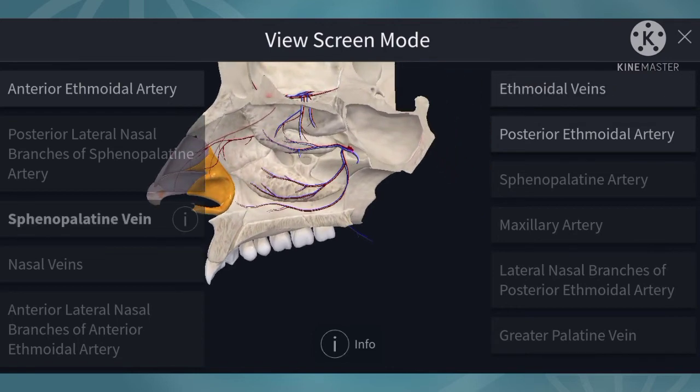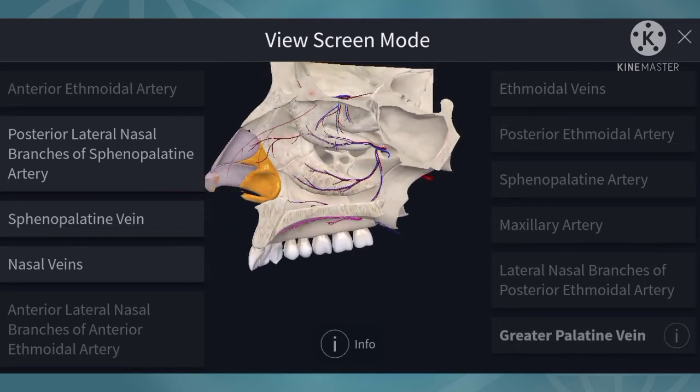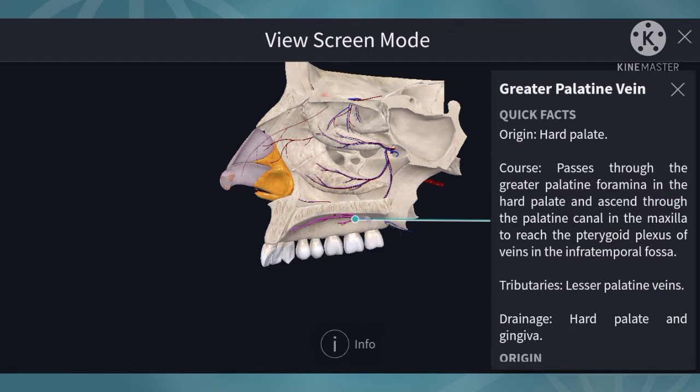As you can see here clearly, this is the sphenopalatine vein. The posterior inferior quadrant is drained by a branch of the greater palatine vein. Here you can see clearly. These veins form a plexus, which drains anteriorly into the facial vein and posteriorly into the pharyngeal plexus of veins, and also forms the middle part of the pterygoid plexus of veins.